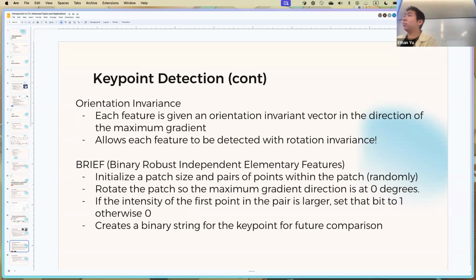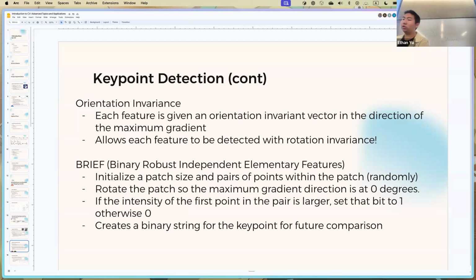At the very beginning, we initialize the size of the patch, and we also initialize a random set of point correspondences within the patch. Let's say I'm going to match a pixel at -1, 1 with one at 2, 4, or 1 and -3, or whatever. You can initialize that randomly.